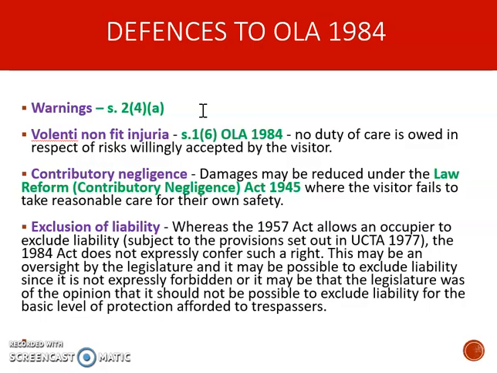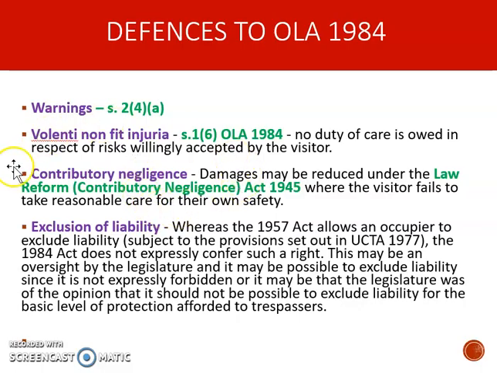And we saw in the case of Tomlinson and Congleton that warning signs were given and they did discharge the duty. Another defence is volenti non fit injuria. Again, that was illustrated in the case of Tomlinson and Congleton because when he ignored the signs and jumped in the lake, the court said that he was volenti, he had willingly accepted the risk.